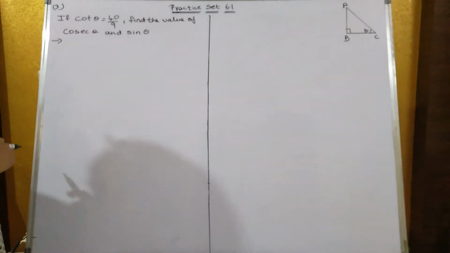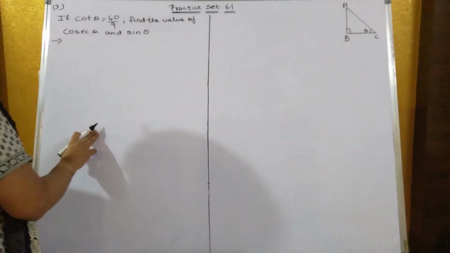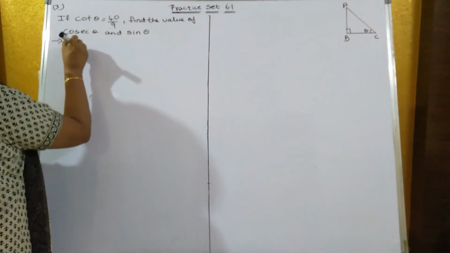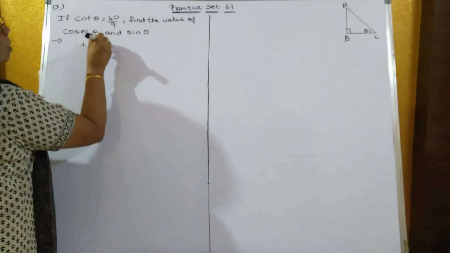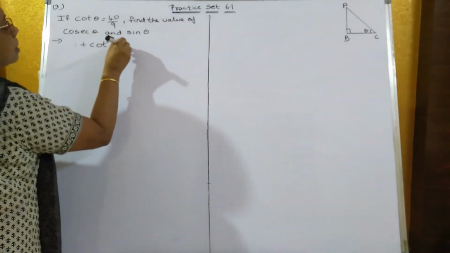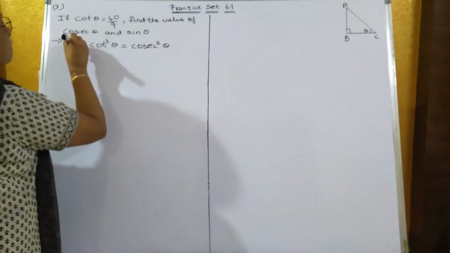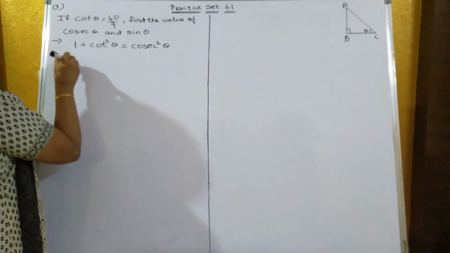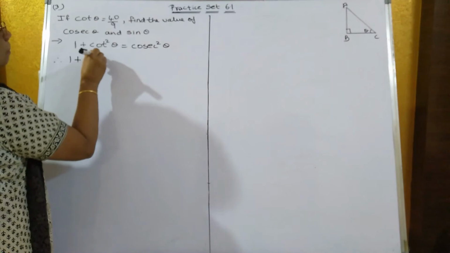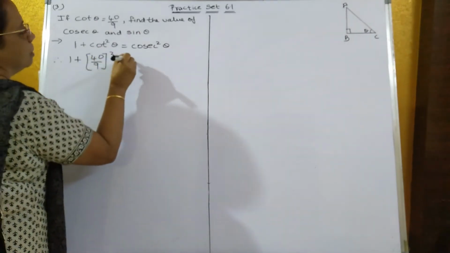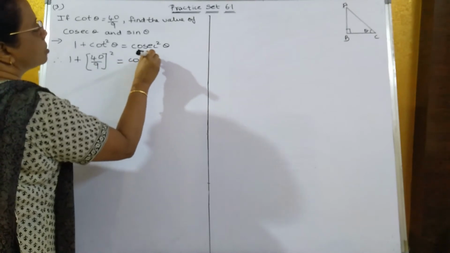Now the third sum, if cot theta is equal to 40 upon 9, we have to find out the value of cosec theta and sin theta. So we know that 1 plus cot square theta is equal to what? Cosec square theta. Therefore, now put the value of cot, that is 40 upon 9, the whole square is equal to cosec square theta.